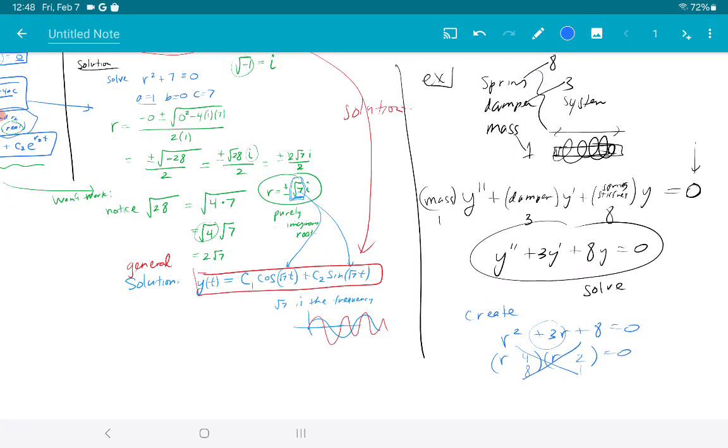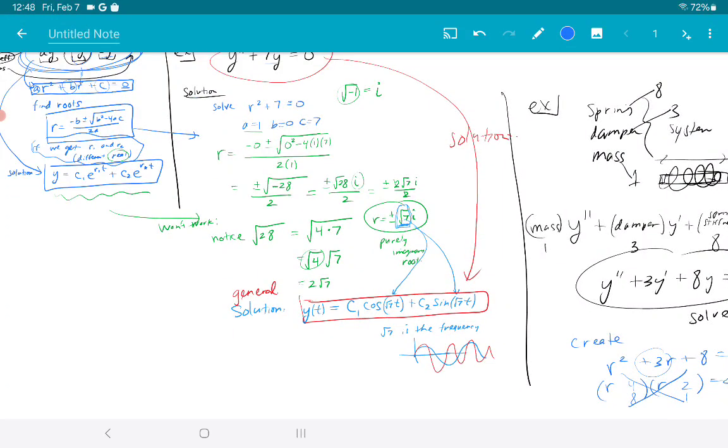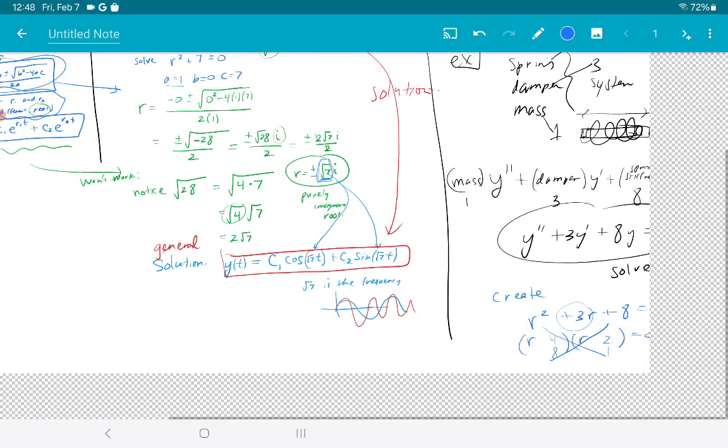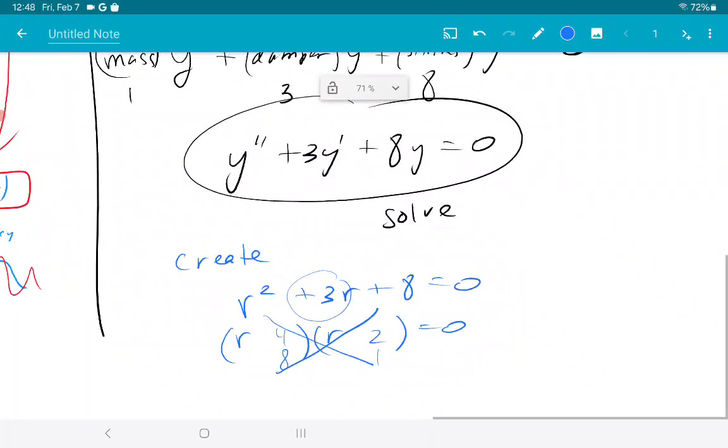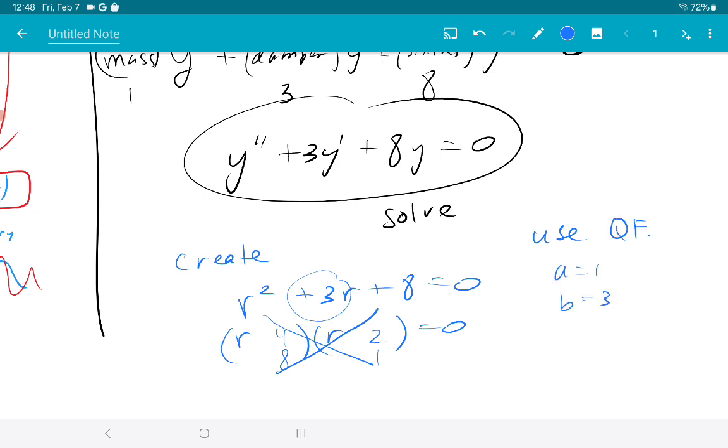Make sure you have this memorized. Here it is right here. So in this case, what's a, b, and c? We'll have to use the quadratic formula. And a is 1, b is 3, and c is 8. All right, that shouldn't be too bad.